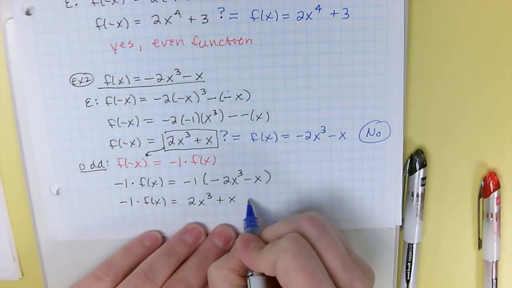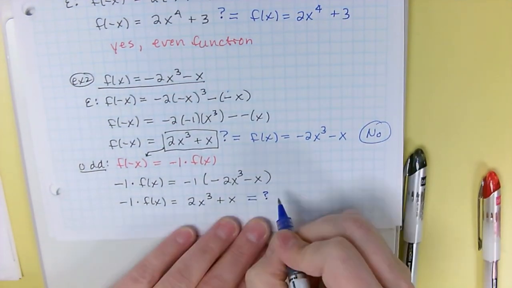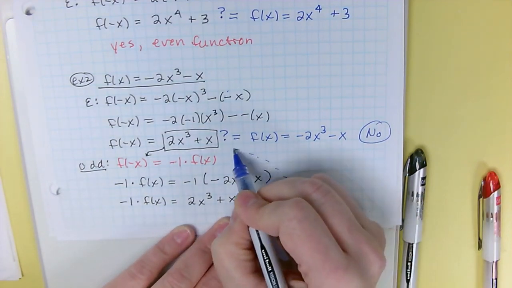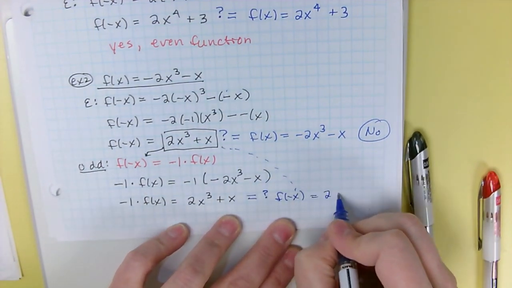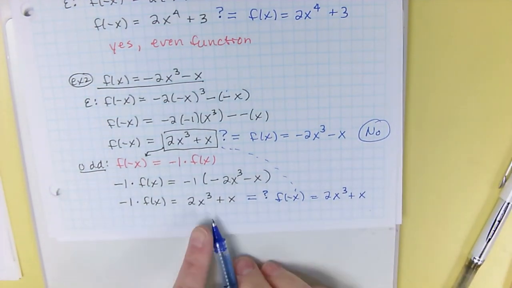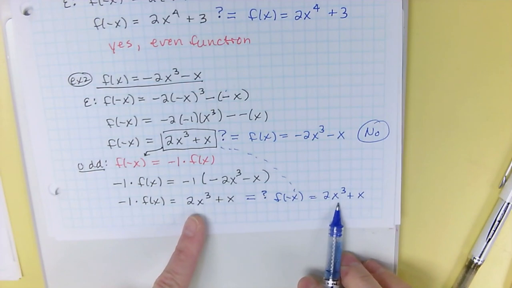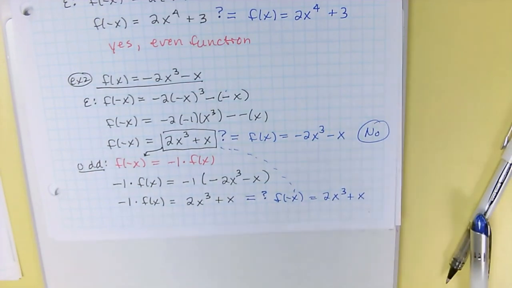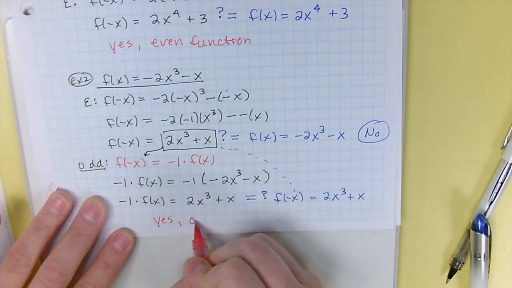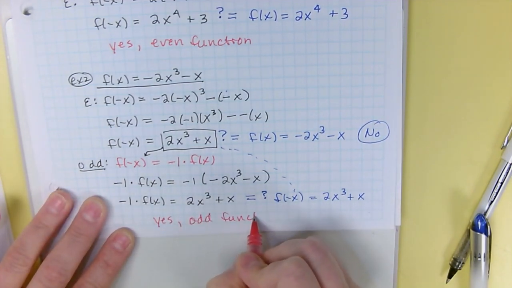Now the question is that equal to f of negative x, which we already found was 2x cubed plus x? Well, yeah, they're the same function. So in this case, yes, we have a winner. It is an odd function.